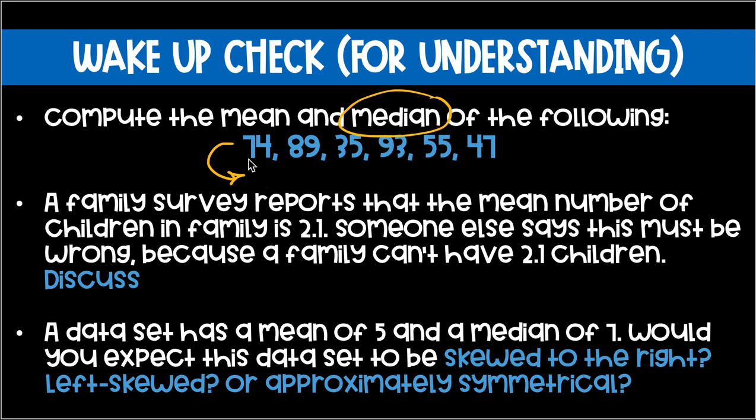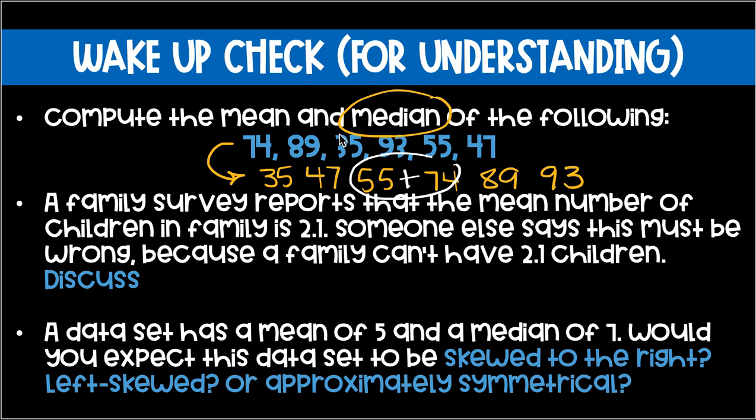So if I rearrange them, now I have 35, 47, 55, 74, 89, and 93. Now they're from least to greatest. We have an even count of values. I have to add 55 plus 74 and divide by 2. That's how you find the median.